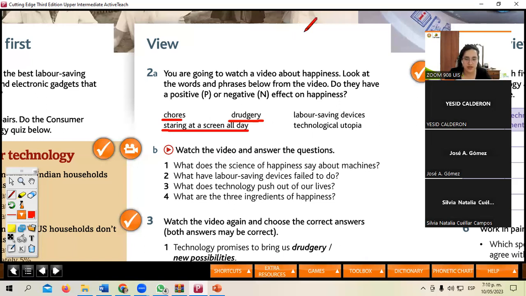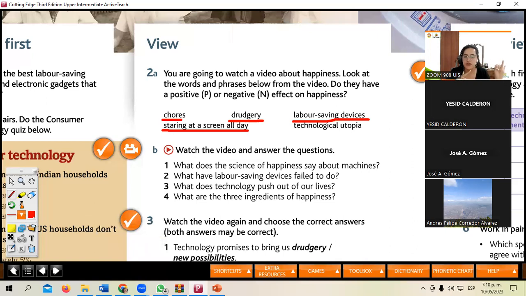Okay, then we have labor-saving devices. But what do you understand about this? Labor-saving devices. For example, the washing machine is a labor-saving device.